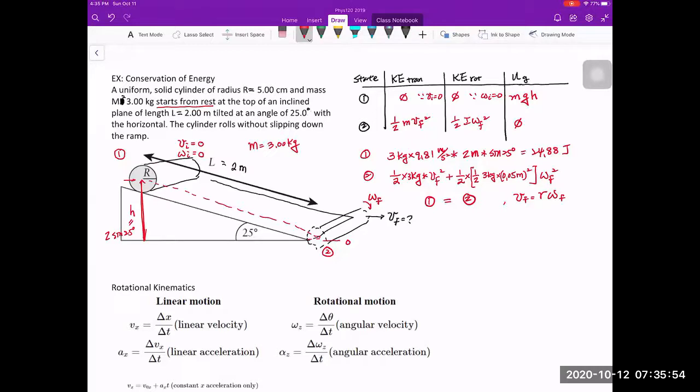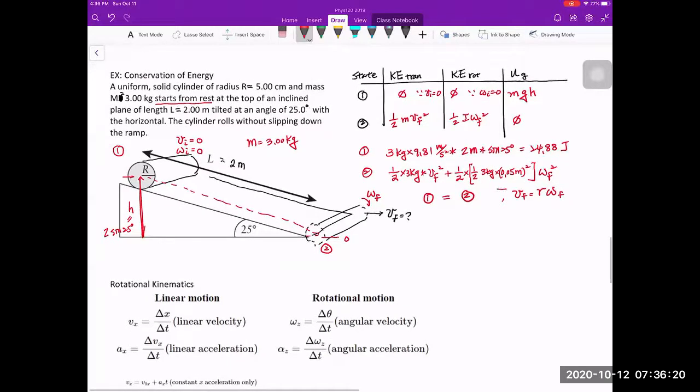So we can replace v f with R omega f, or we can change omega f into v over R. I'm going to solve it for omega.